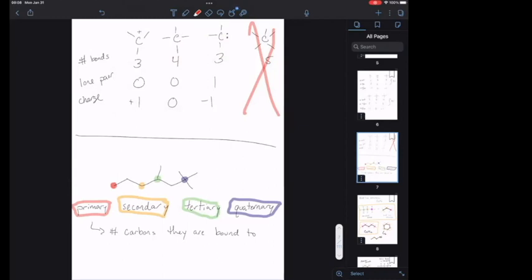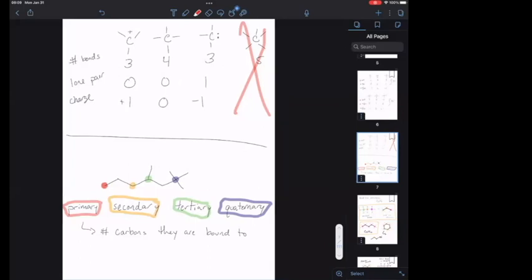Let's do it in the chat: how many primary carbons do you think there are in this molecule I drew? Right, all these endpoints correspond to a primary carbon. They're all bound to just a single other carbon. For secondary, there would be two other ones in there, for a total of three.